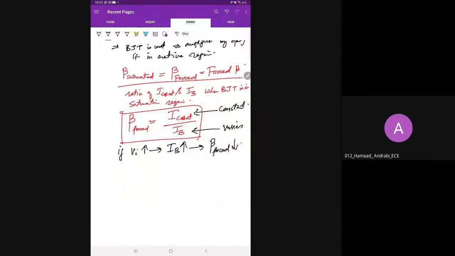And how much it decreases from the normal, actual value of beta is measured by a parameter known as overdrive. Overdrive is a measure of the level of saturation in the transistor, in the BJT.